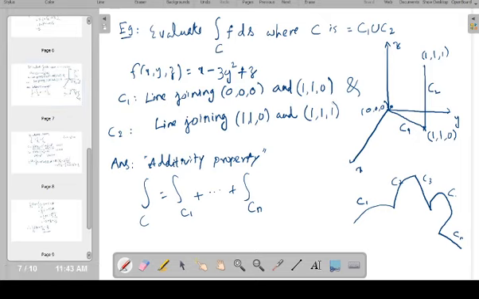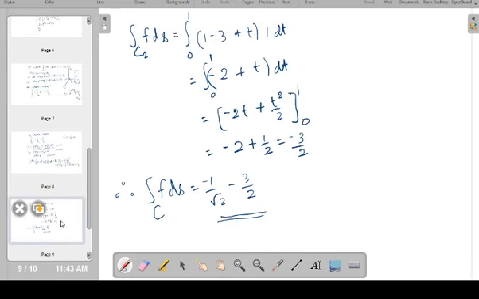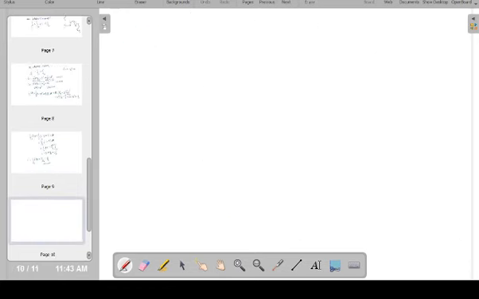Another thing is, suppose f is equal to 1. So remark, integral over C, f is equal to 1. So what is this? 1 ds. So it is actually integral a to b f of x of t, y of t, z of t.